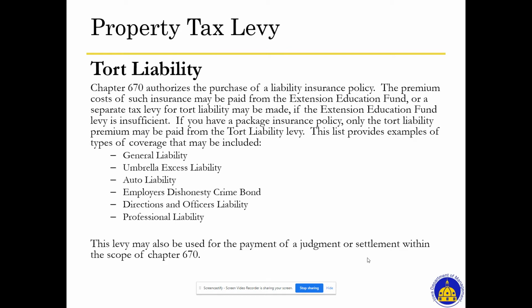If you have a package insurance policy, only the tort liability premium is paid from that tort liability levy, and there are some different examples included here regarding what you might find underneath that levy. The levy may also be used for the payment of a judgment or settlement within Chapter 670.